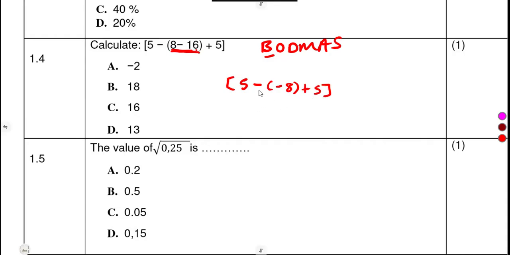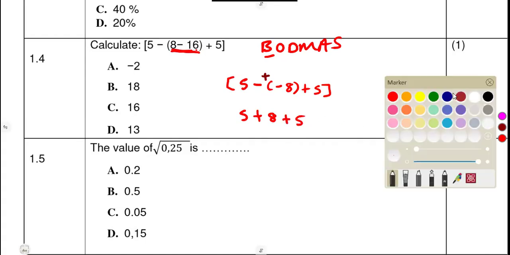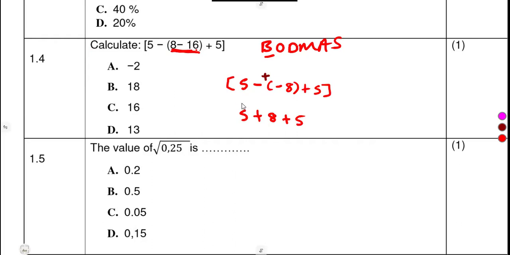Remember, a minus and a minus, that's a plus. So that's 5 plus 8 plus a 5, like this, of which under addition we can start to add these numbers. 5 plus 5, that is a 10, plus this 8 that we are seeing. So 10 plus 8 is going to give us 18, just like that. So that is on B.